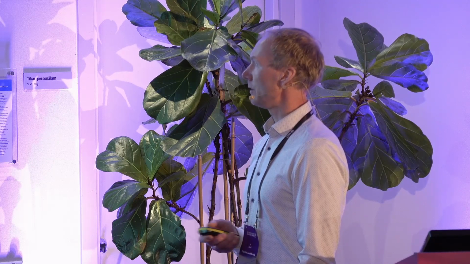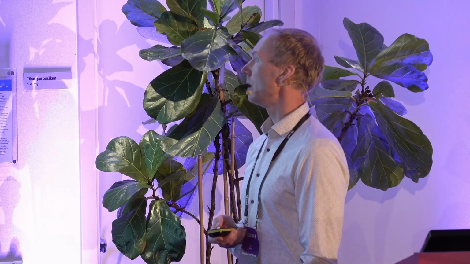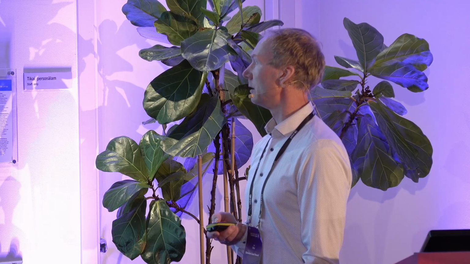And actually, this is a soil map currently visible in a two-dimensional web application. For some workflows, maybe it could be preserved in 2D, but maybe it is reasonable to go into 3D with it as well. And 3D paves the way for four-dimensional applications and augmented reality.